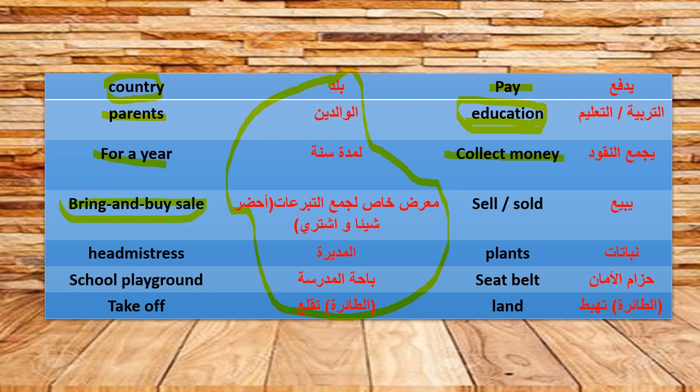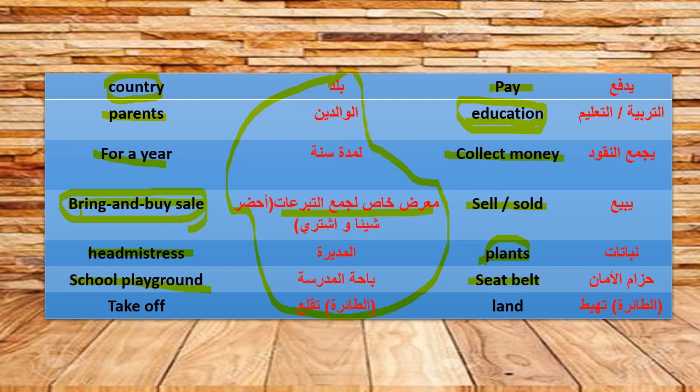This is the most important because we are going to have more than one conversation about this, bring and buy, sale. And here the translation in Arabic, معرض خاص لجمع التبرعات. Sell, sold, headmistress, plants, school playground, seat belt.